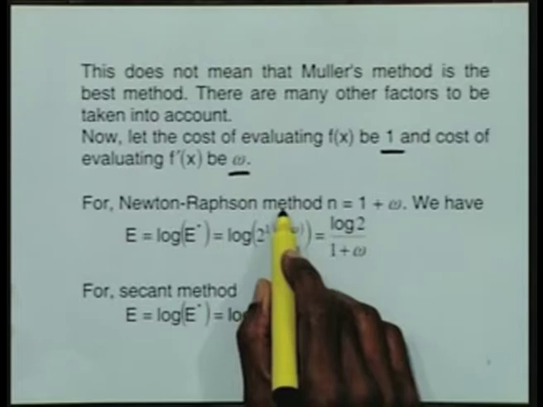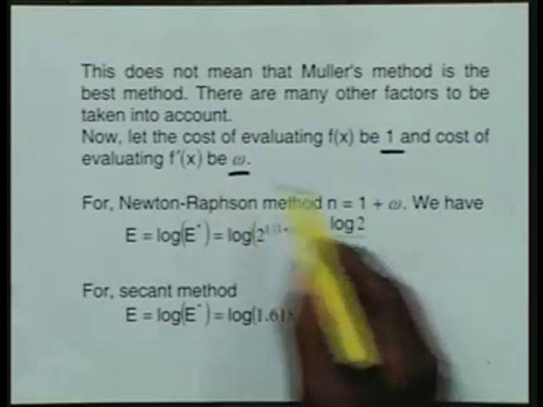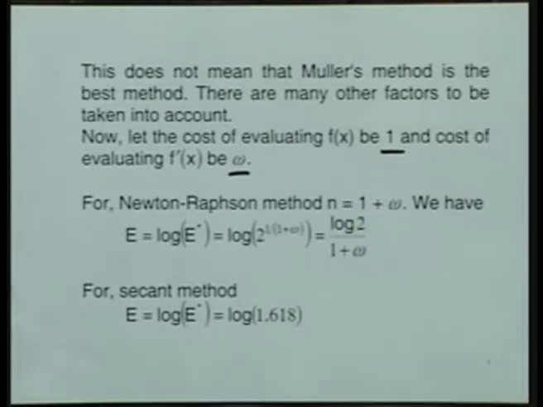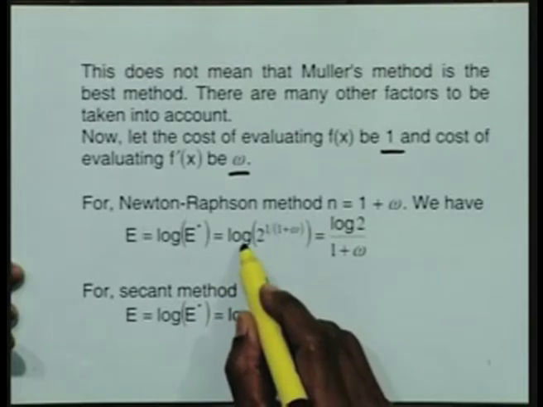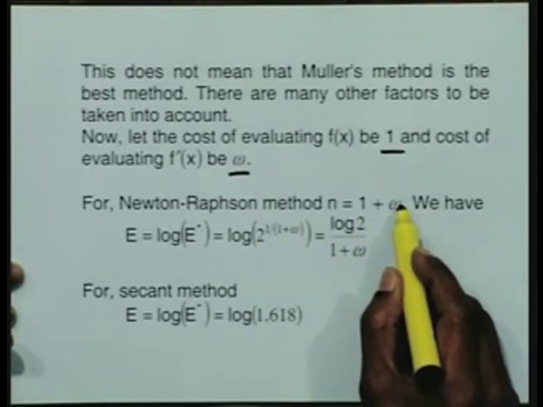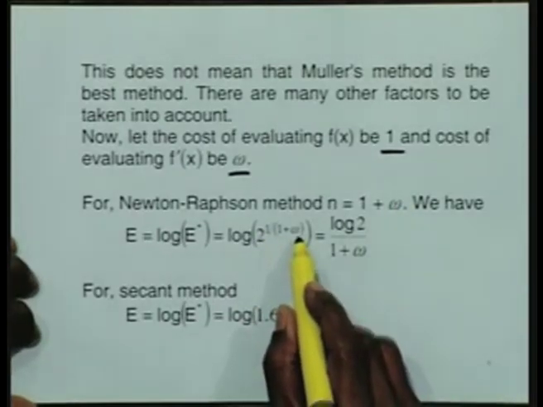For the Newton-Raphson method, n will be equal to 1 plus omega, the total cost, that is evaluation of f x and f prime. Now let us take the logarithm on both sides because it is easier to look at, because we have got the power now as a fraction. So the logarithm of e star, that is the logarithm of the nth root of 2, where n is 1 plus omega, is 2 to the power of 1 upon 1 plus omega.